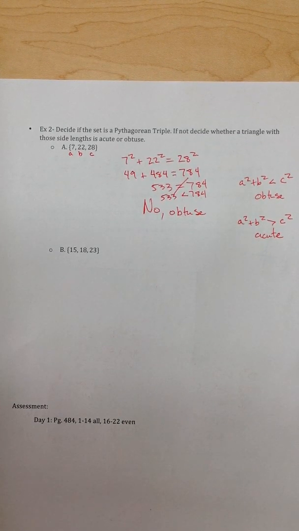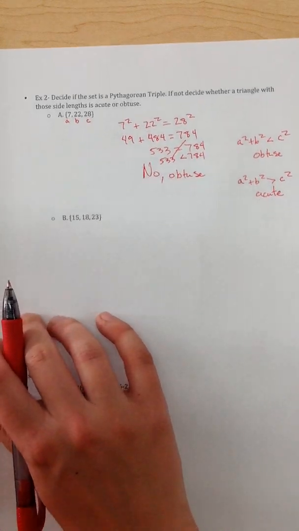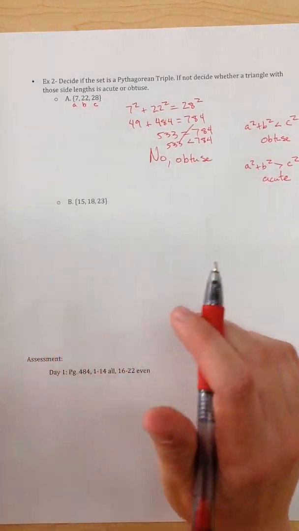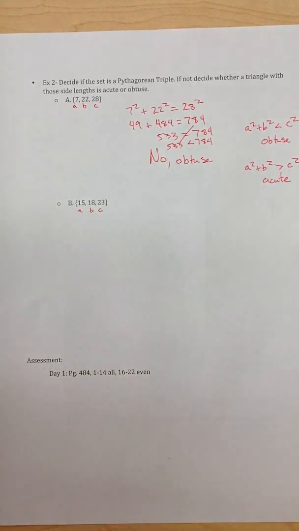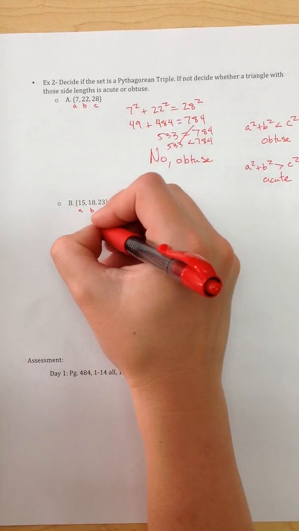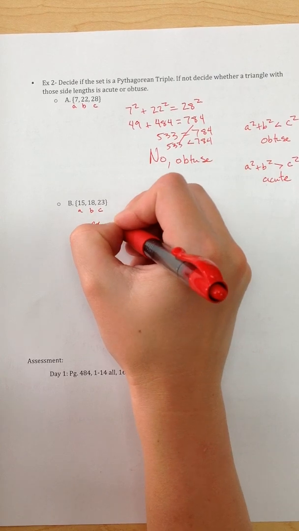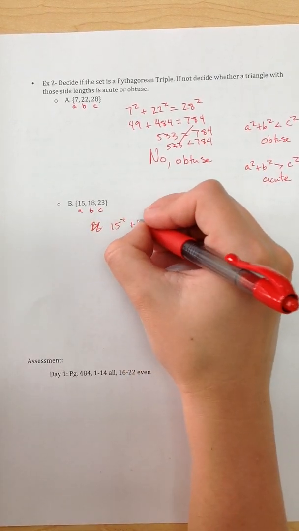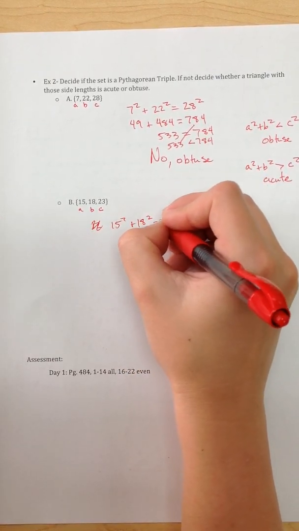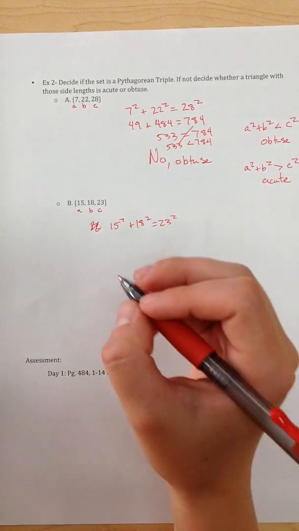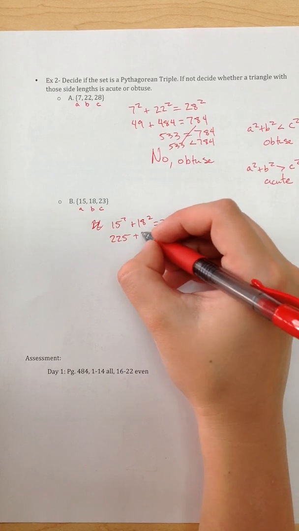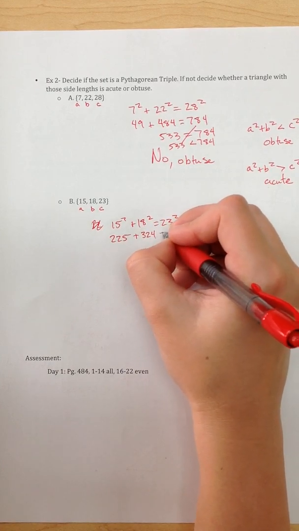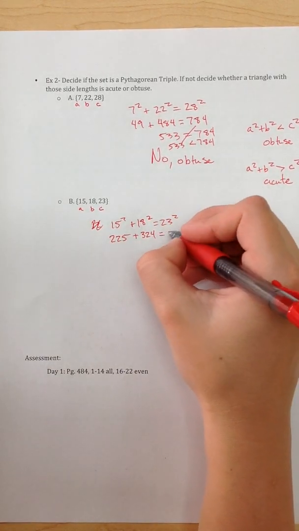Okay, and then the next one here, we'll try this one as well. So we've got 15, 18, and 23. So I'm going to go A, B, my C's got to be 23. So if I go 15 squared plus 18 squared is equal to 23 squared. Well, 15 squared is 225. 18 squared is 324. And 23 squared is 529.